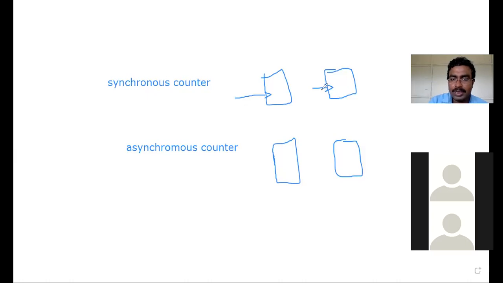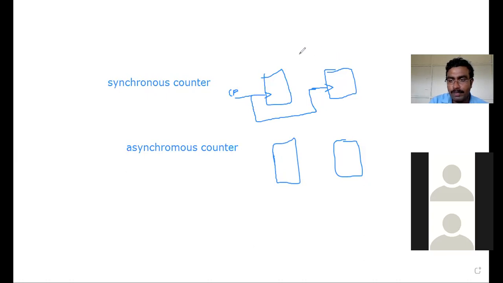Then in a synchronous counter, the same clock pulse will be used to trigger both the flip-flops at a time. For example, if you are applying a clock pulse for the first flip-flop, the same clock pulse will be reaching the second flip-flop also at the same time.